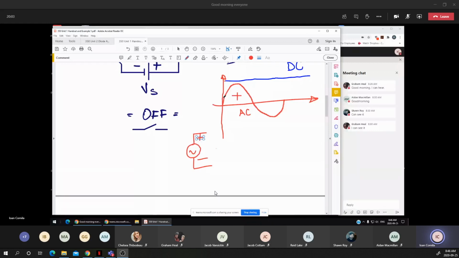It means that I will analyze the behavior of the circuit when the positive region, the positive area of the sine wave, is applied to the circuit.